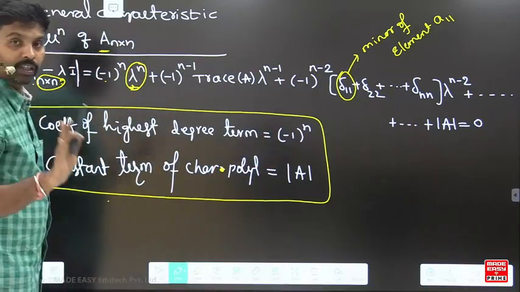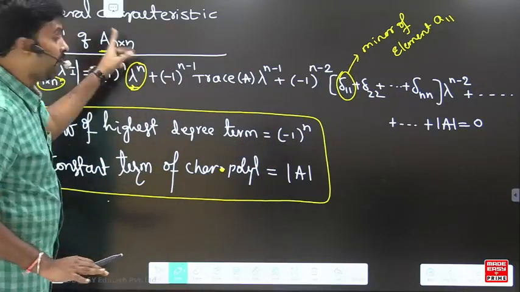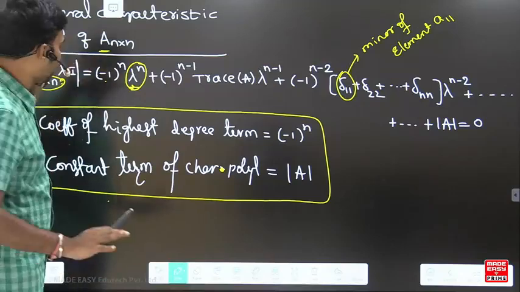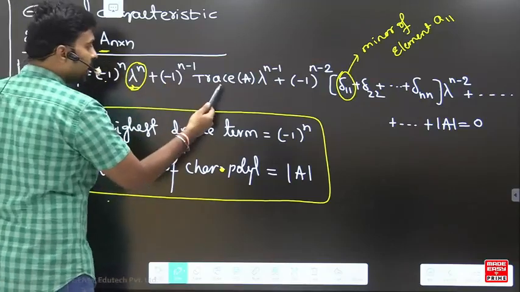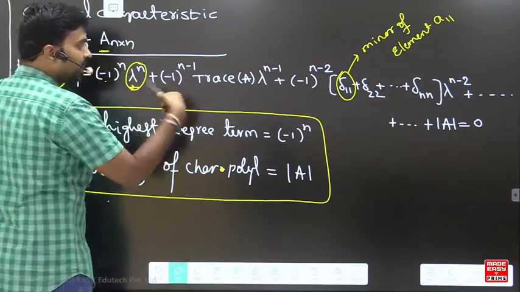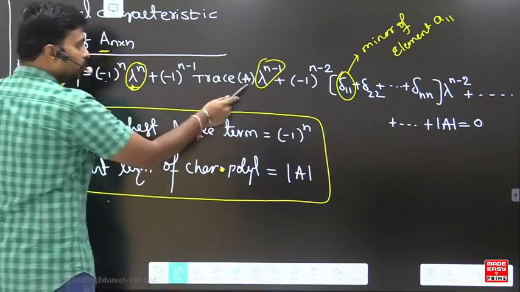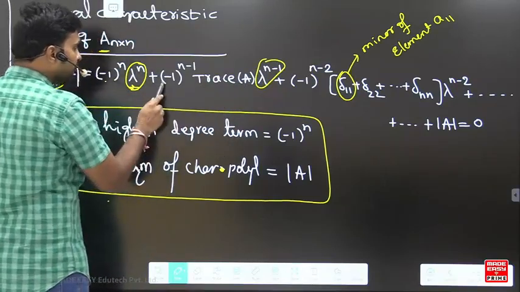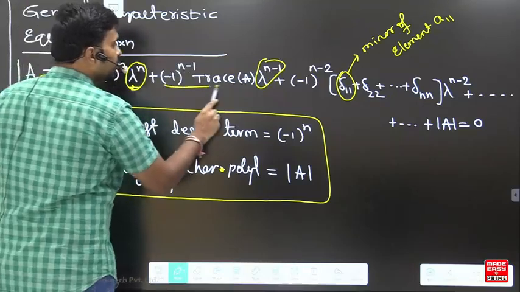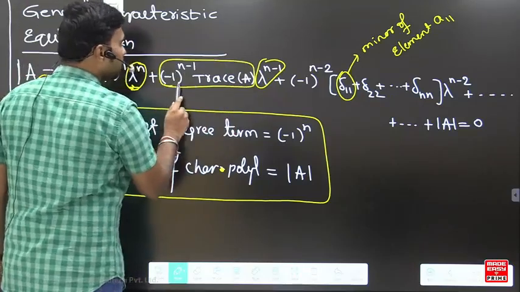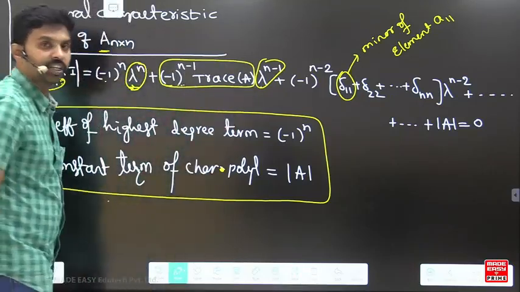Now the coefficient of the next highest degree term is minus 1 whole power n minus 1 into trace of A. So this is the coefficient of the next highest degree term.